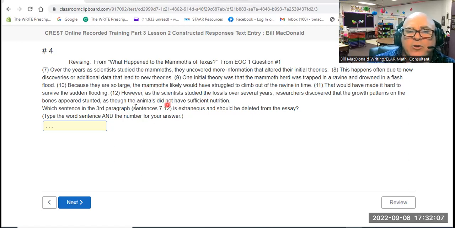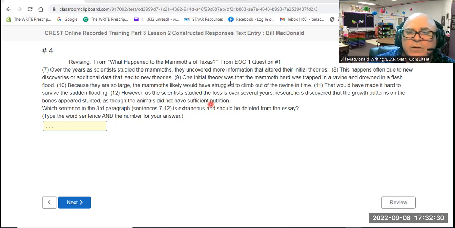And the other one says there wasn't enough nutrition, so it's possible that they just died, their bones appeared stunted. And so the idea I'm guessing here is that you might die of starvation, and not because you were stuck in a ravine being so large.